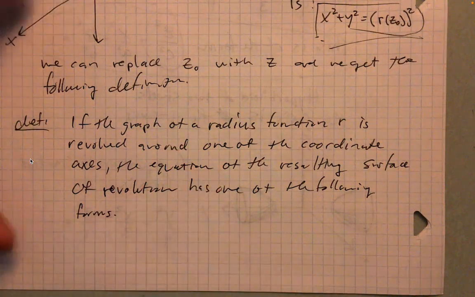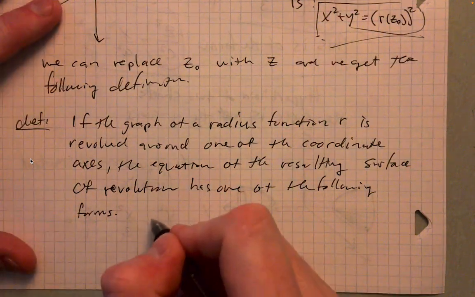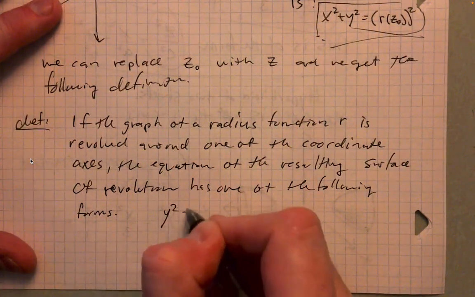The form will be almost exactly the same. It just depends on which axis the radius function is being revolved around.